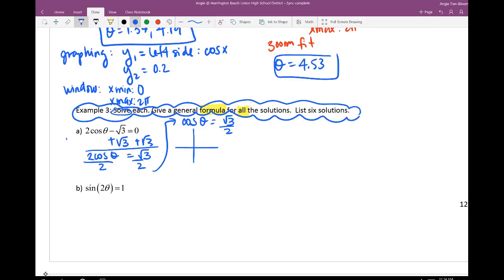Cosine is going to be positive in here and here. So now you're going to give me the angle. There are 2 of them. Can you take a minute and tell me what this one is? What angle is that? Did you say pi over 6?